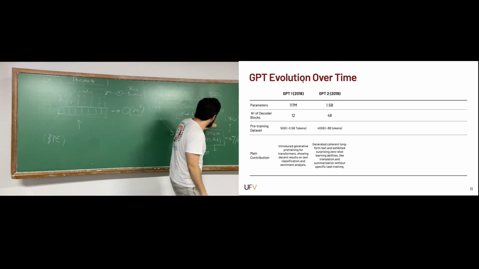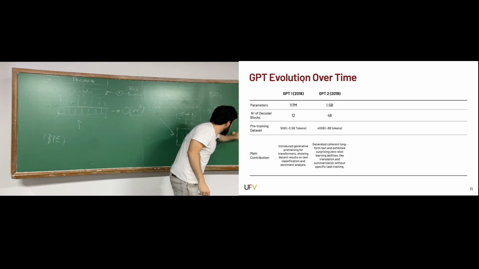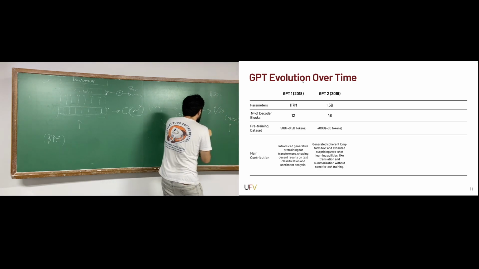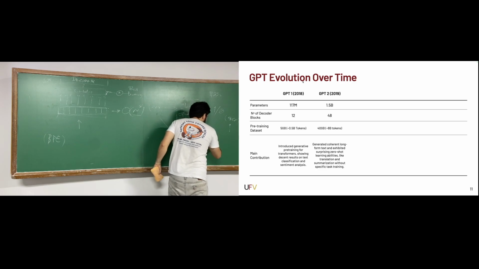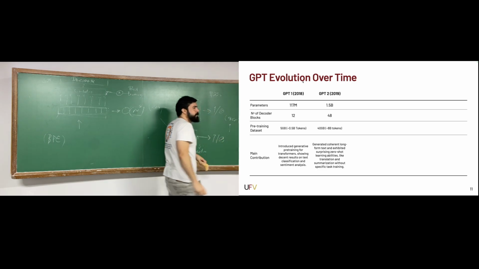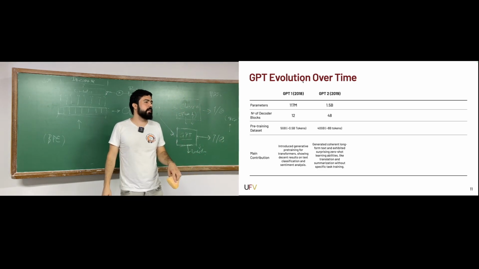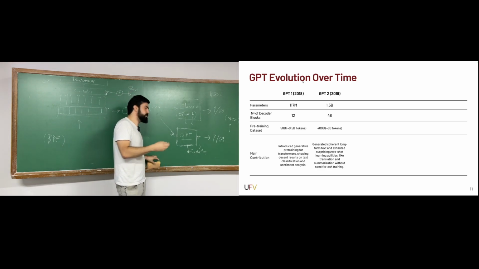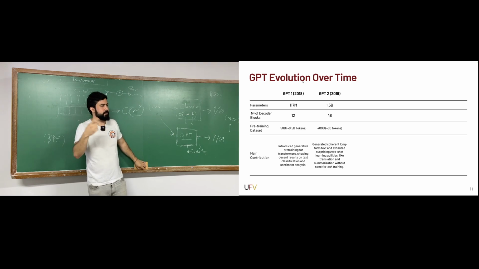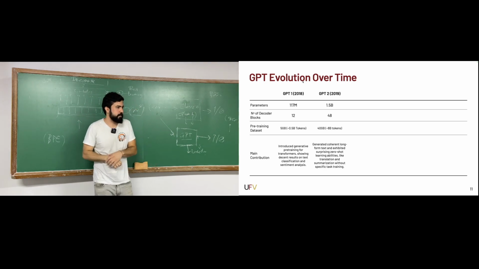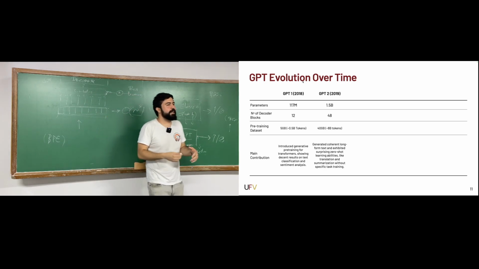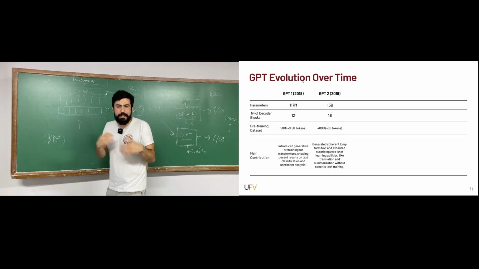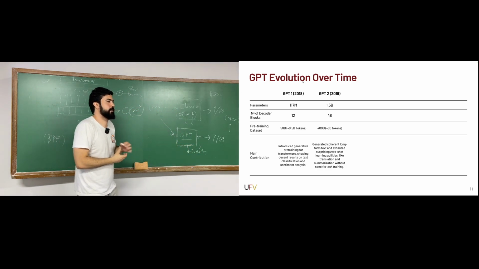GPT could solve that problem even without fine-tuning, with very good accuracy. You could just literally ask it, what is the sentiment of this sentence? And it will tell you if it's positive or negative, without even looking at a single example of labeled training data. This is called zero-shot. You have to classify without looking at any example.